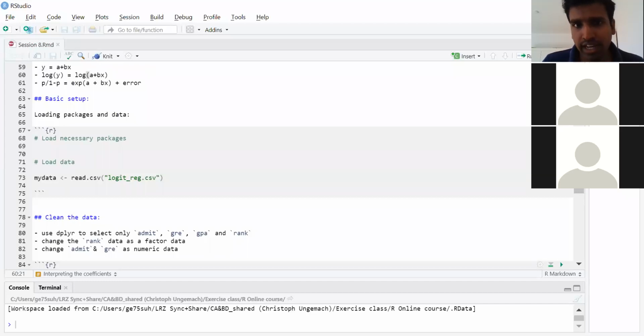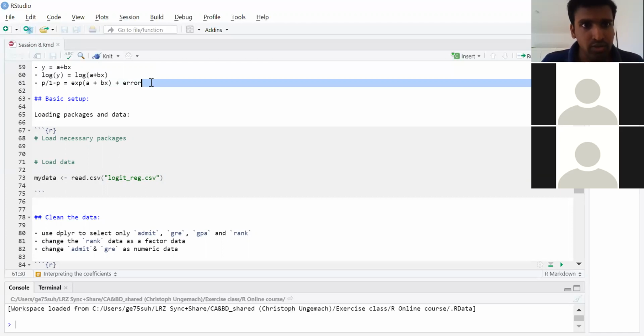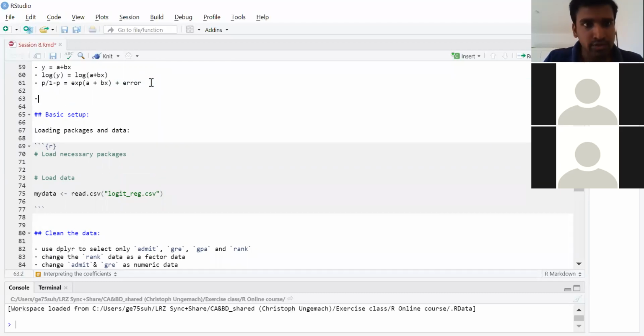Which part should I explain? Okay, so probability of p over 1 minus p. As I told you, we basically have two outcomes. One indicates a positive outcome, so you got a loan.